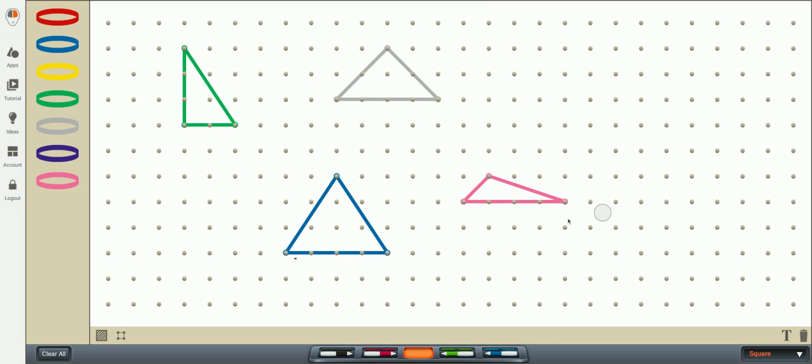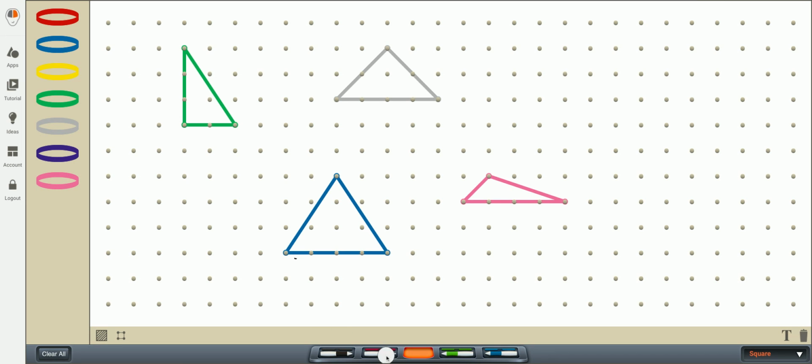Here are some triangles we can try and see what kind of triangle they are. I know this is a right triangle because I see a right angle.